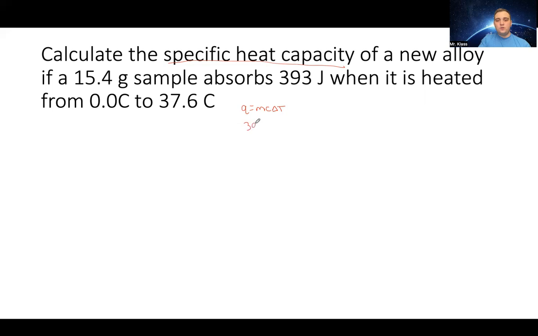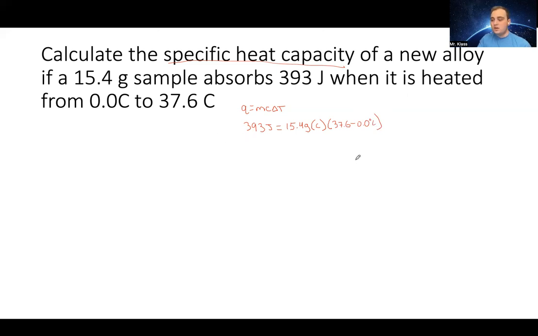So we know 393 joules for our Q. We know our mass is 15.4 grams. We're solving for c. And we know the change in temperature right over here. So the change in temperature, the final is 37.6 minus 0.0 degrees Celsius.